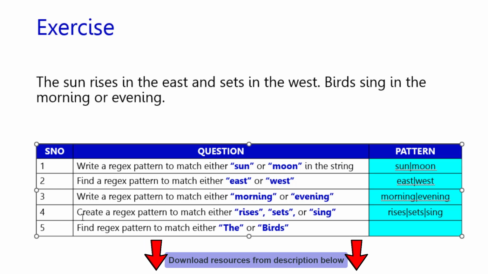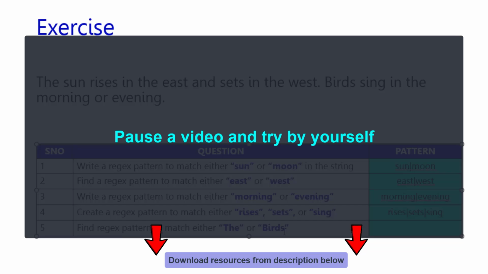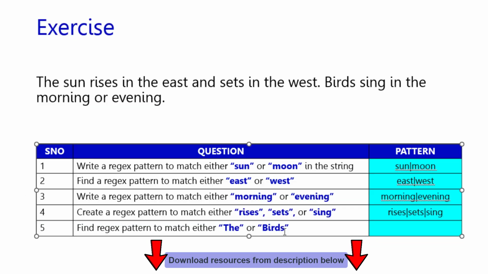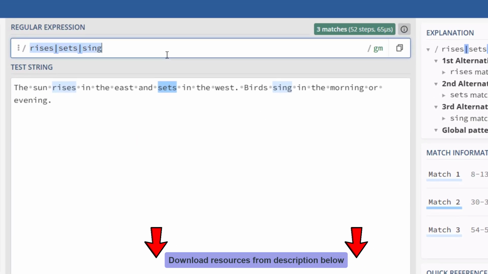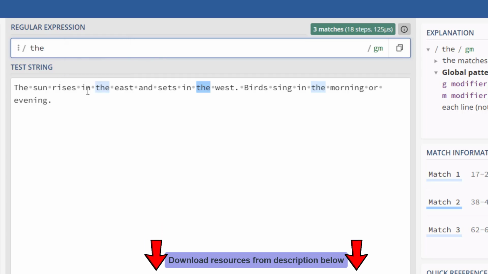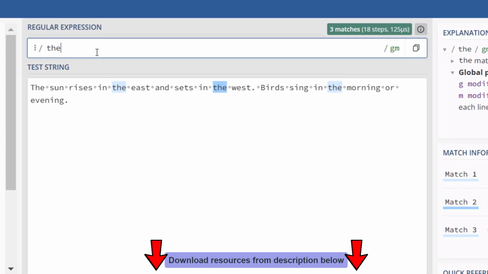Now tell me this answer. Find the RegEx pattern to match either The or birds. Pause the video and try by yourself. Alright, this is a little bit interesting and tricky question. Generally, if you type the in lowercase, we'll get three matches. But if you look into the question carefully, I'm looking for capital T, which means this should be capital T-H-E.